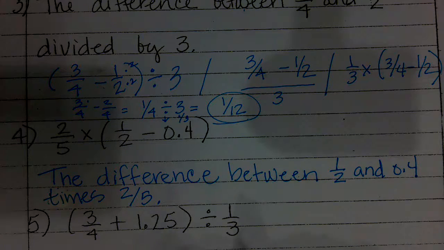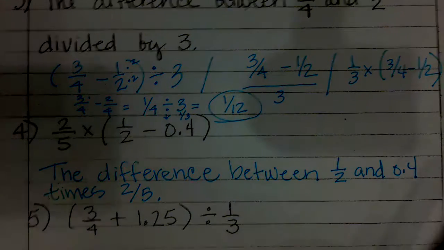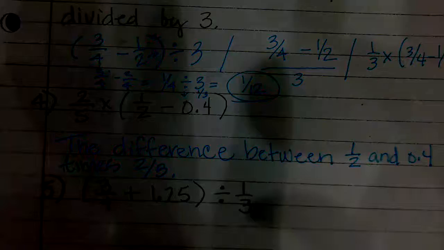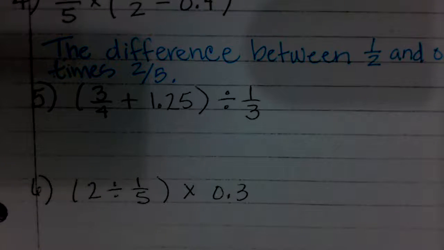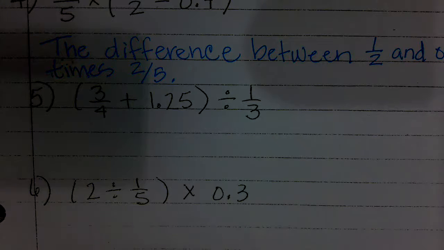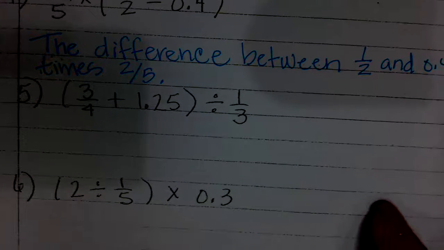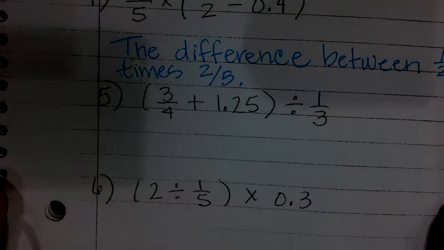All right, now let's look at this problem here. So 3/4 plus 1.25 and 1/3. How can we take our numerical expression and put it into words? Is there something that's jumping out to you that says, hey, I have to do this first?